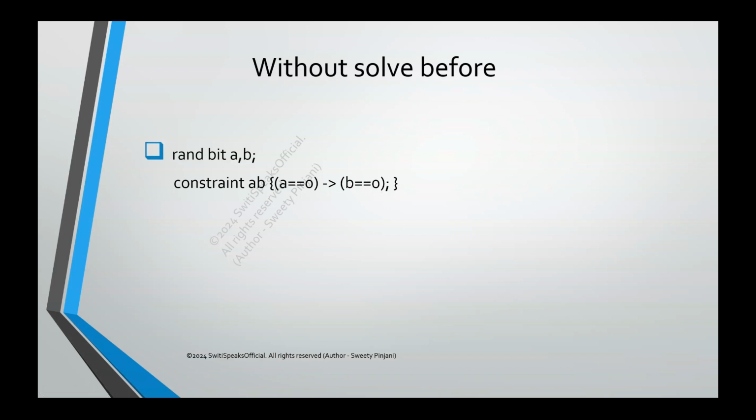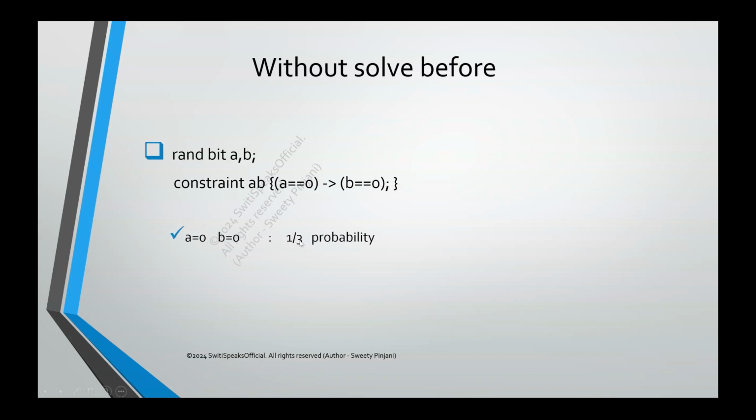Without this constraint, you have four possibilities: A can take 0 and 1, and B can take 0 and 1. But now, whenever A takes the value 0, B can take only the value 0. So instead of 4, you will now have only 3 solutions because of this constraint.